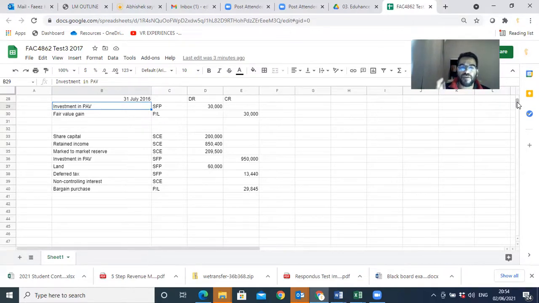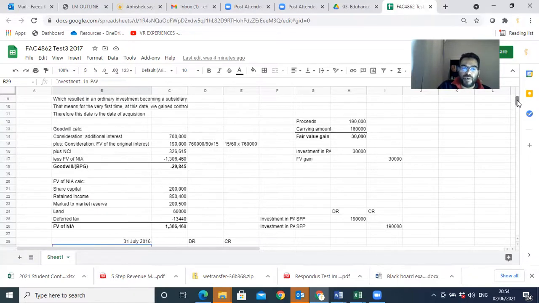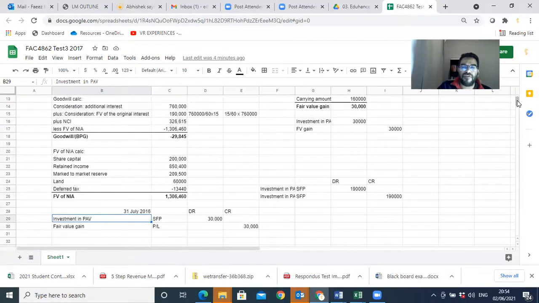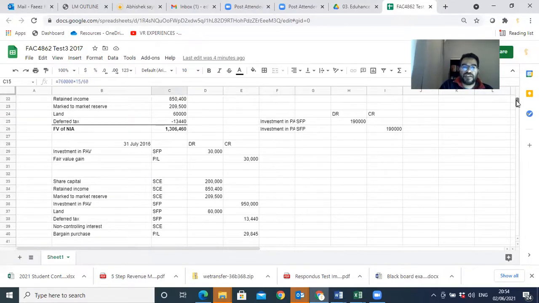So just important, what to take note of is this aspect over here, that when you acquire a sub for the first time in a piecemeal transaction where you have a change in ownership, then the consideration includes the fair value of the original interest. And when you do the initial journal entries, the at acquisition journal entries, you need to bring through this fair value adjustment. It could be a fair value loss.